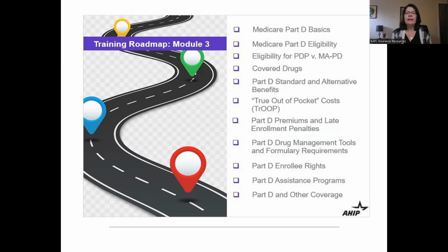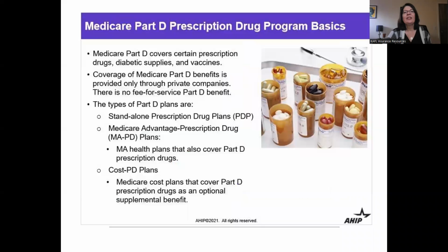We're going to talk about the premiums and late enrollment penalties, drug management tools, formulary requirements, enrollee rights, assistance programs, and Part D and other coverage. So there's a lot that we're going to be covering in this Module 3.